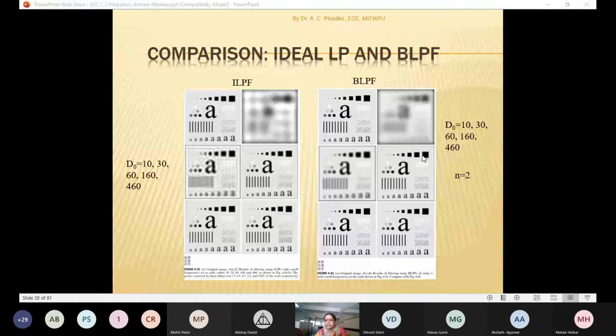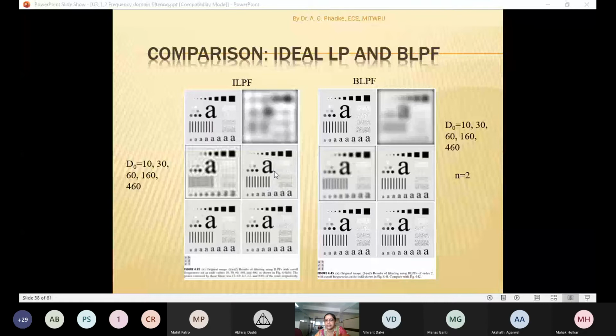Just compare this third image with the third image filtered by ideal filter. If you look at these squares, they are surrounded by concentric dark and bright squares for ideal low pass filter.